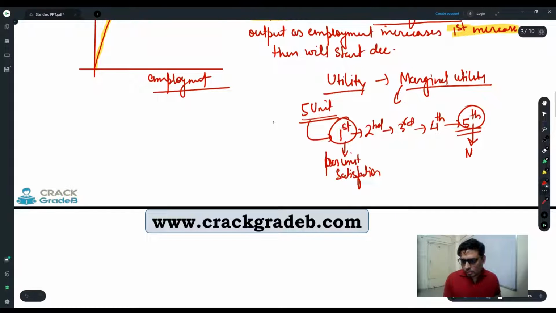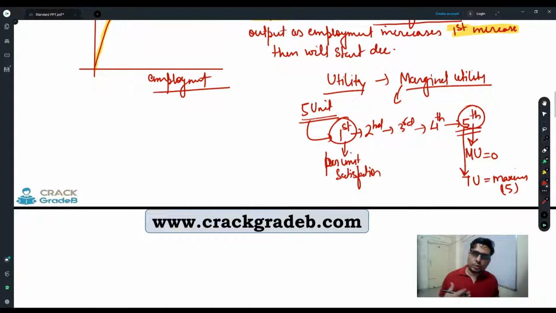So here your marginal satisfaction is going to be zero, and that is why you don't want to consume. But at the same time, at the fifth unit, your total utility is maximum. I'm completely satisfied, so I don't want to consume anything else.